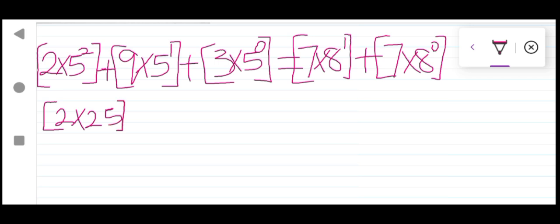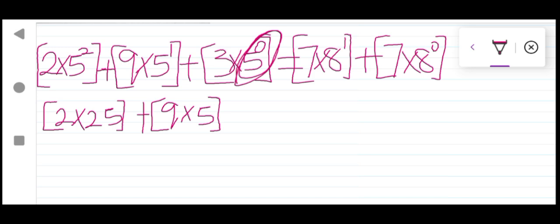The next expression is 5 power 1, and any value raised to power 1 remains that same value, so that's plus q times 5. The next value is 5 power 0, which is 1, because any number raised to power 0 is 1. So we have plus 3 times 1.